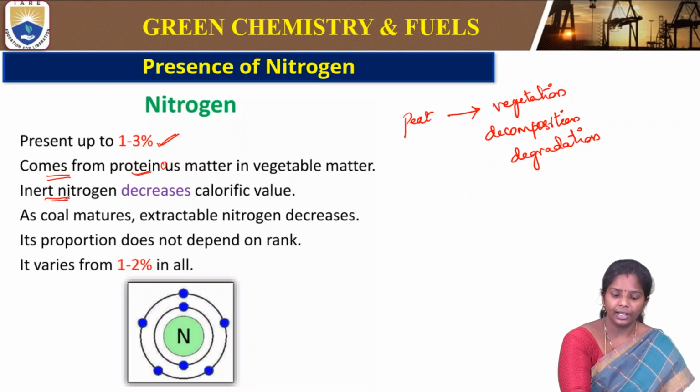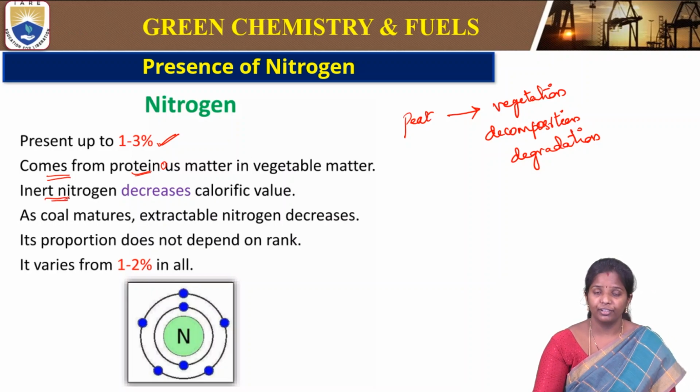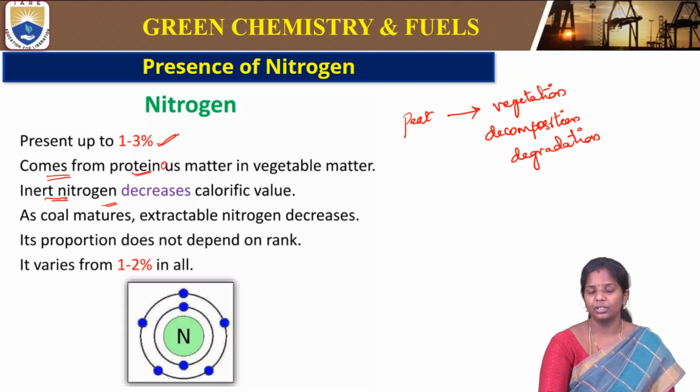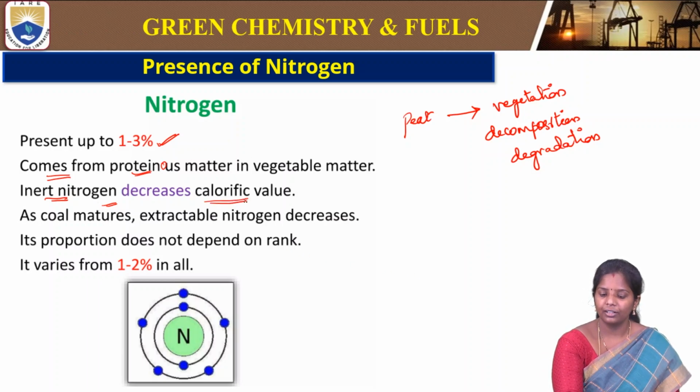Inert nitrogen decreases calorific value. Any coal, whether peat, subbituminous or bituminous, having nitrogen in the inert form has a decreased calorific value.